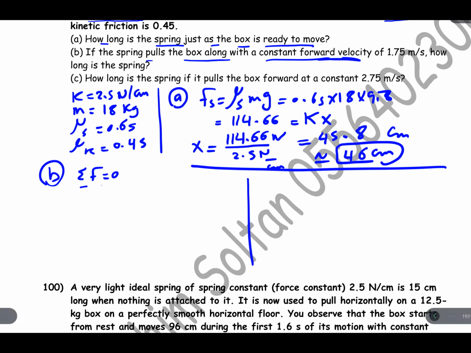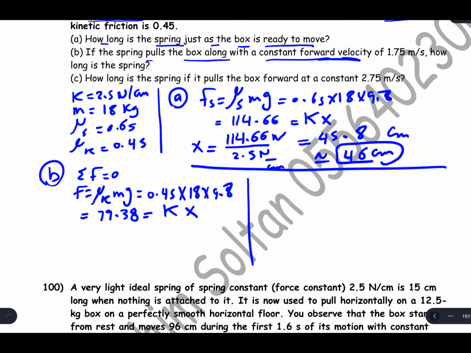So F equals mu_k mg, which is 0.45 times 18 times 9.8 equals 79.38, and this is exactly equal to Kx.